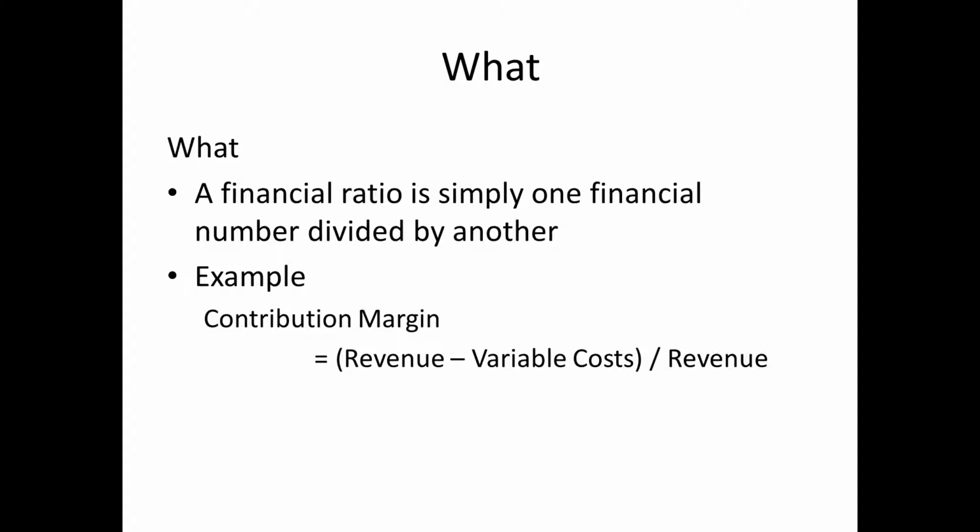Very simply, a financial ratio is one financial number divided by another. So for example, contribution margin is a ratio that is related to profitability, and your contribution is your revenue minus your variable costs. And if you divide that by revenue, then you get the contribution margin as a percentage.